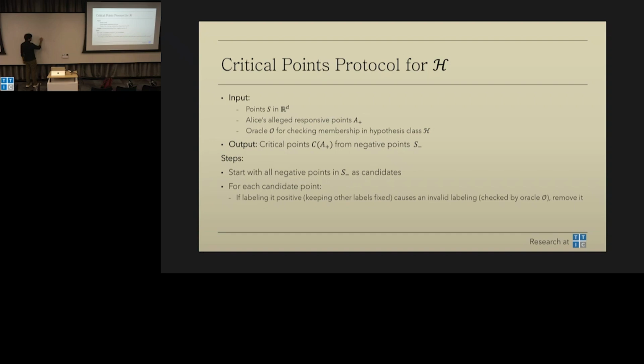Trent goes to each point and tries to flip the label from negative to positive, and checks whether this new hypothesis that he has created is in script H. If it is, then he retains this point, he adds it to CA plus. If it is not, he just deletes this point. And this deletion is important. Eventually, when the protocol runs through all the negative points, whatever you have collected is the set of critical points. So it's a very simple protocol.